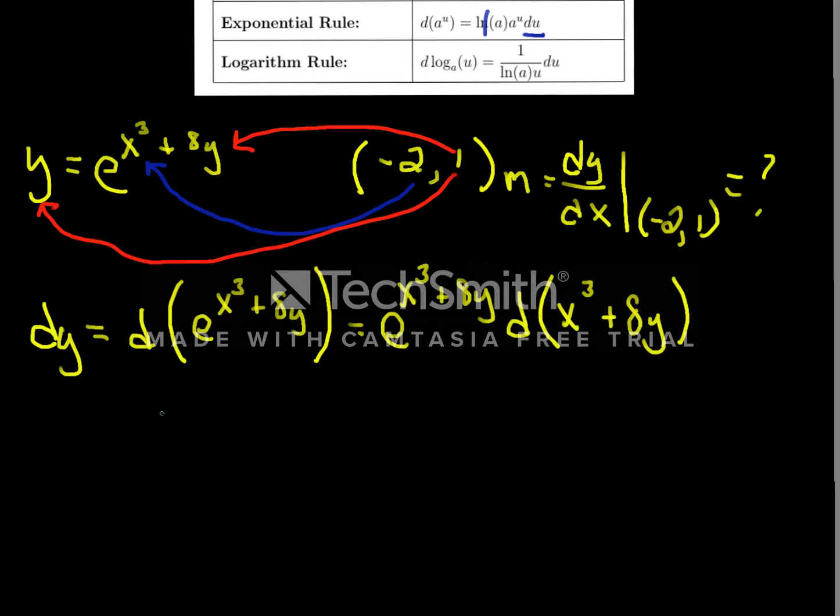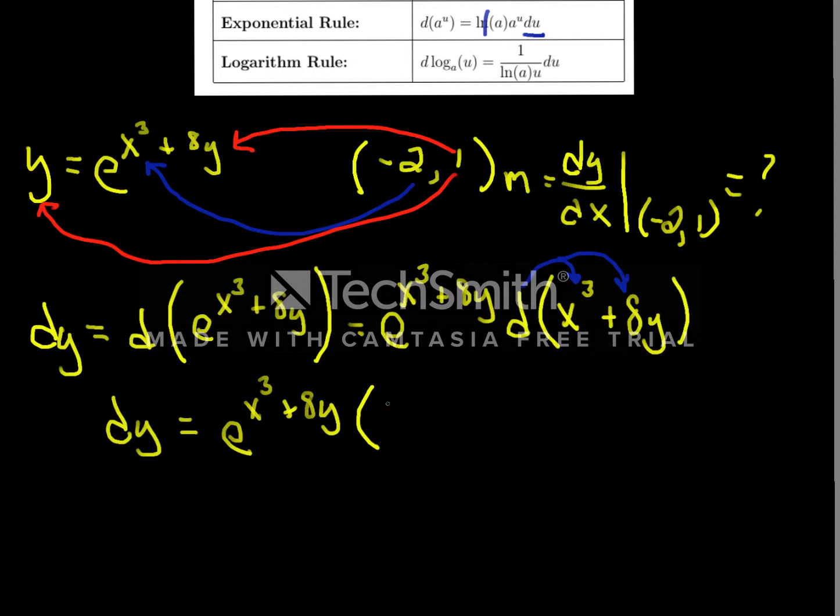So continuing on, we get that dy is equal to e to the x cubed plus 8y. And now we're going to have to take our differential operator, our d, and follow our rules. The first rule we see, we're going to have to differentiate across addition. I'm going to use parentheses so we are careful, because this thing is being multiplied with whatever is left here.